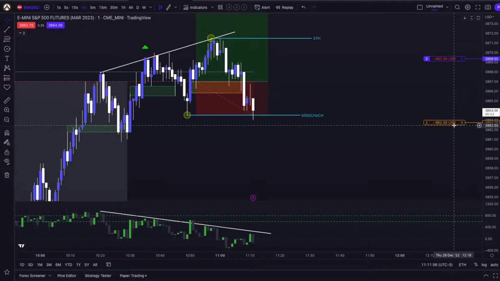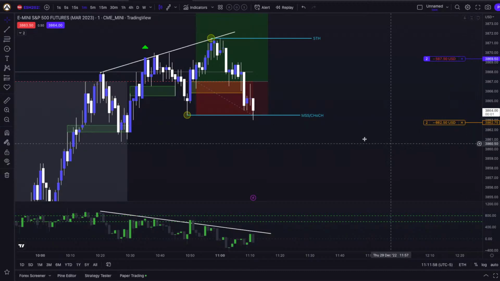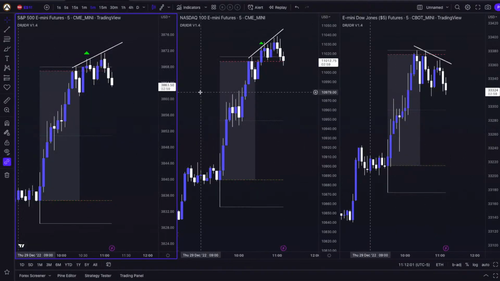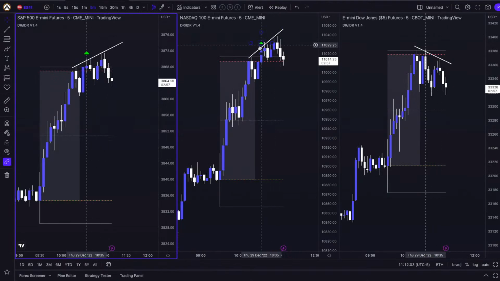I think I won't be switching from chart to chart today. I'm only going to be comparing the three indices with each other.